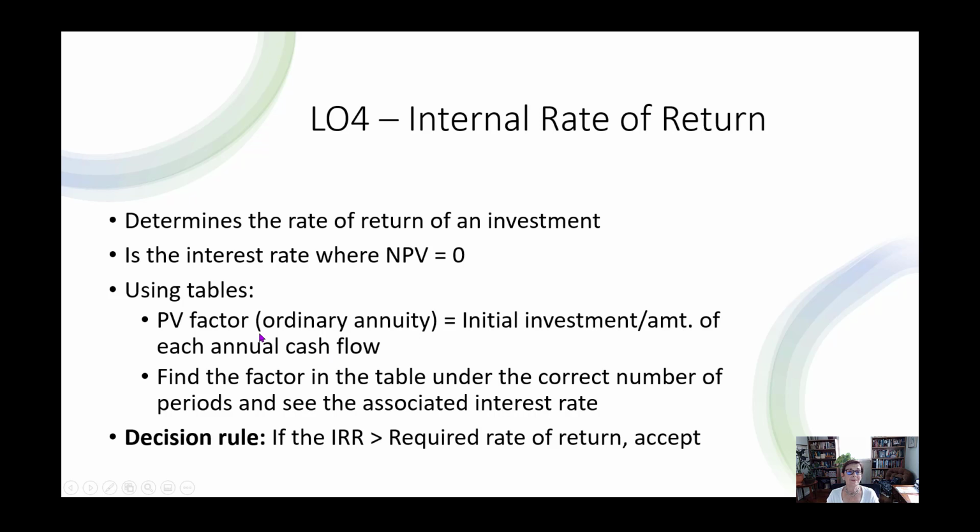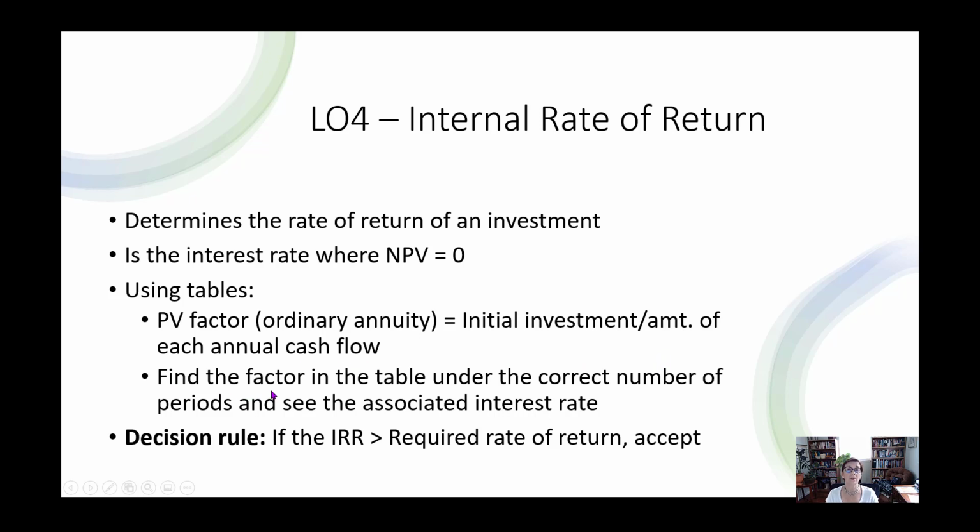And what it is, is the interest rate where net present value is equal to 0. So using the tables, your present value factor of an ordinary annuity is equal to the initial investment, the amount you paid for it, divided by the amount of each annual cash flow. Then you find the factor in the table.